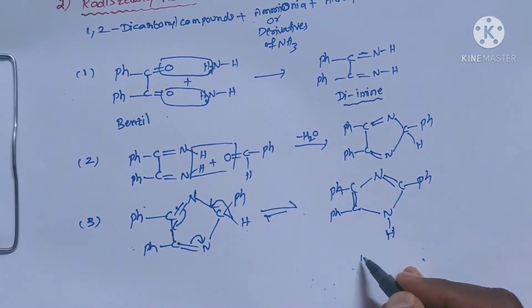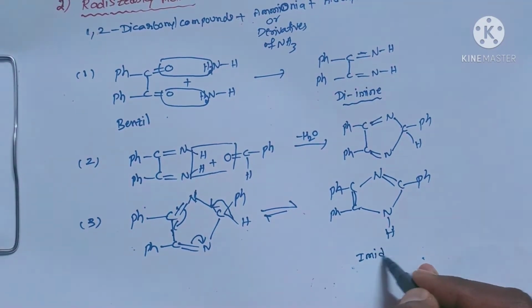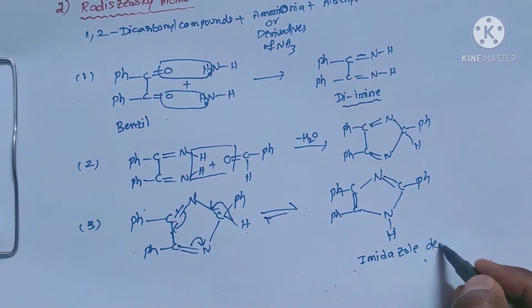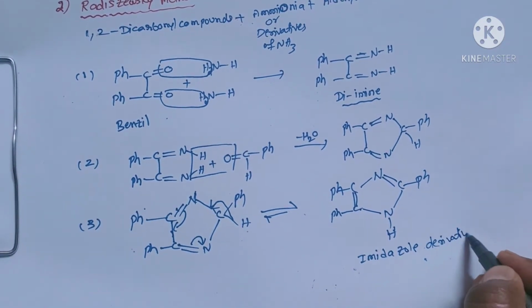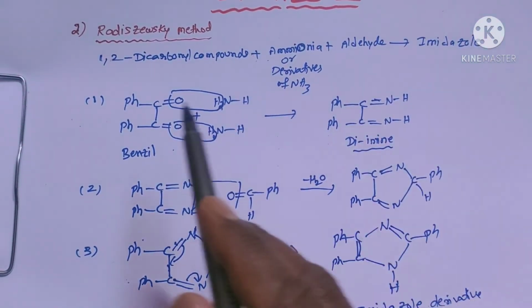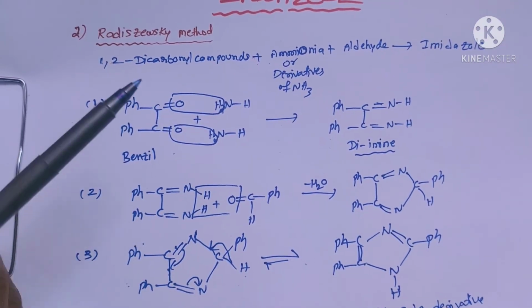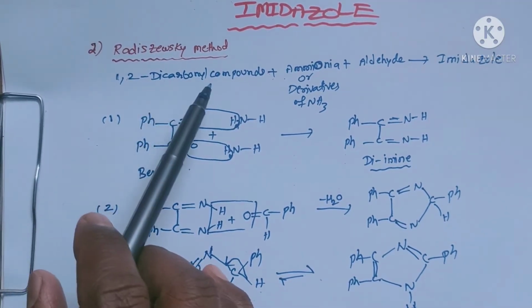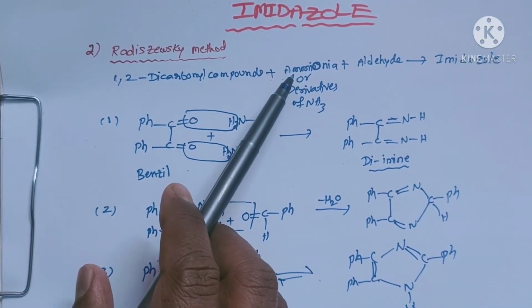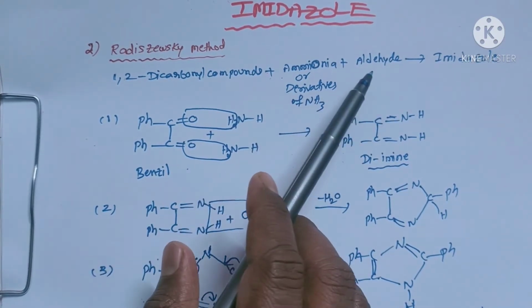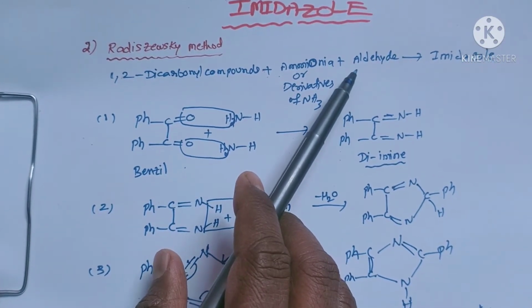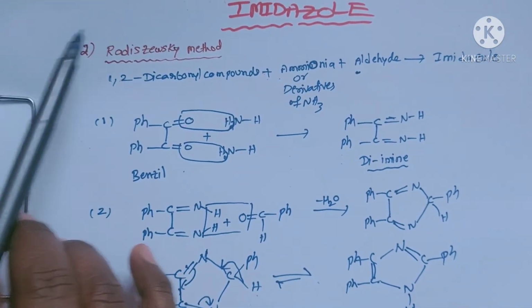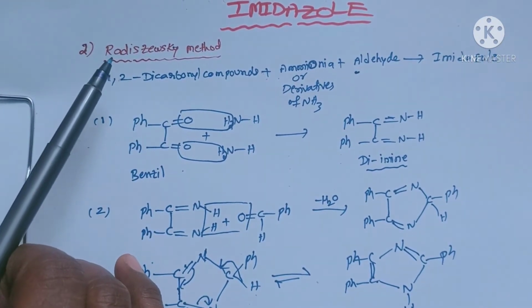So this is an imidazole derivative. This method is known as the Radziszewski method. In the Radziszewski method, starting materials are 1,2-dicarbonyl compounds, ammonia or primary amine, and the aldehydes. So these are the materials that are used in the preparation of imidazole by the Radziszewski method.